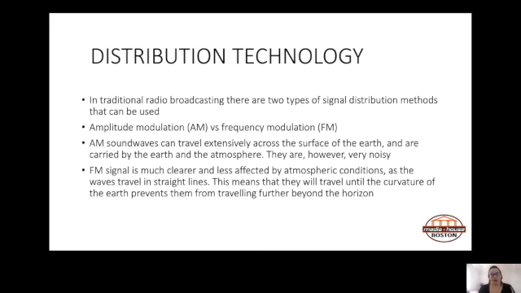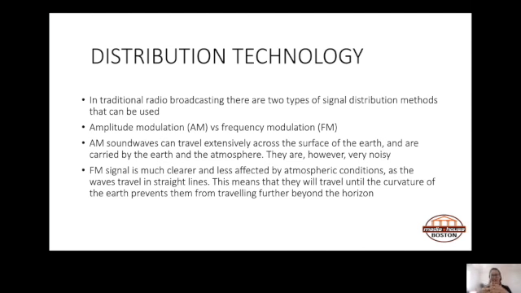So AM sound waves can travel extensively across the surface of the Earth and are carried by the Earth and the atmosphere. But they are, however, very noisy. Okay, so if you believe like me that the Earth is round, then an AM sound wave can literally travel across the platform of the Earth all the way, okay?